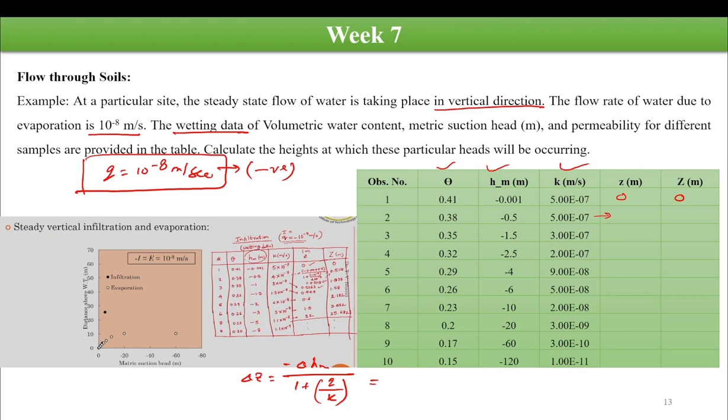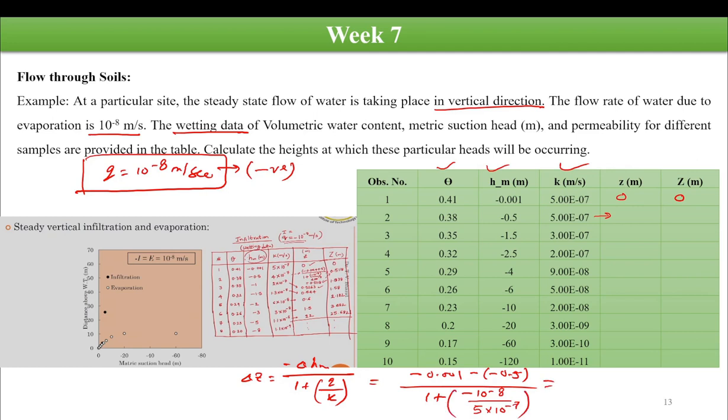For the second one, this will be minus 0.001 and minus 0.5, divided by 1 plus Q value, which is going to be minus 10 to the power minus 8, divided by the K value, which is 5 into 10 to the power minus 7.